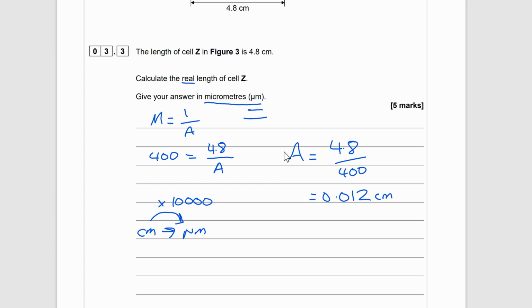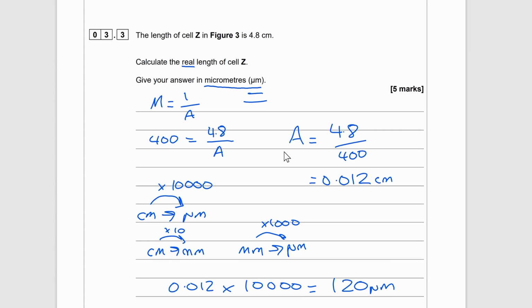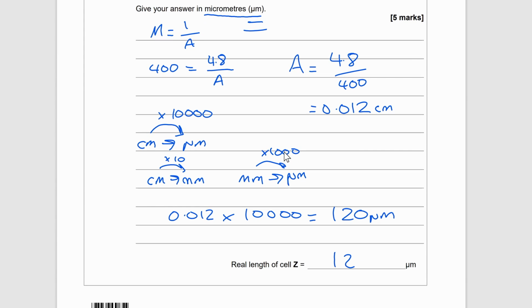If you're unsure about that, converting from centimeters to millimeters is multiplying by 10, and then millimeters to micrometers is multiplying by 1,000. So putting those together, it will be 10,000. So 0.012 multiplied by 10,000 should be coming out with a value of 120 micrometers.